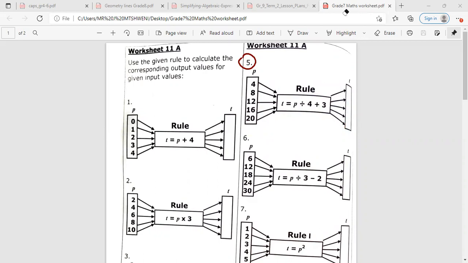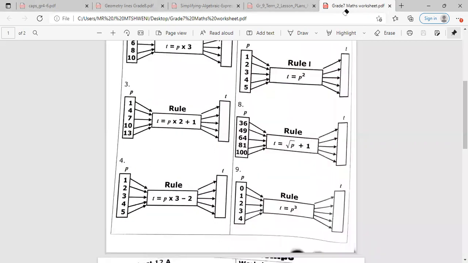Now let's go to the next one. Then we come to number 7. This one is number 7. So now I have been given p squared. P squared is basically equal to p multiplied by p, from the laws of exponents.